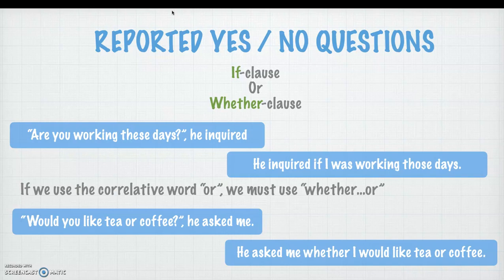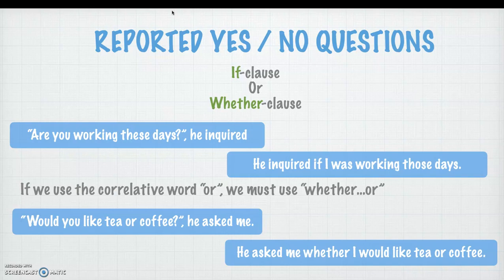So, for example, are you working these days? He inquired. Here we have a yes-no question in the present continuous that would be reported as he inquired if I was working those days.